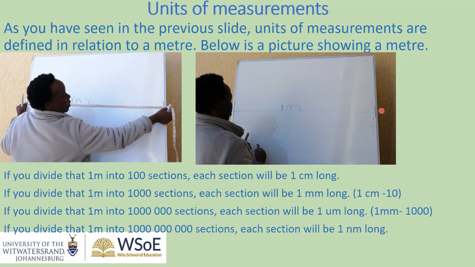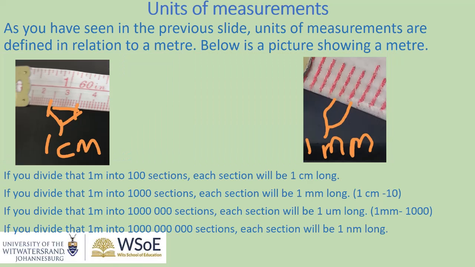So what do we mean? I will explain now to get you to visualize how small a millimeter is, or a micrometer is. And then if you divide this 1 meter into 1 billion sections, one section will be 1 nanometer long.